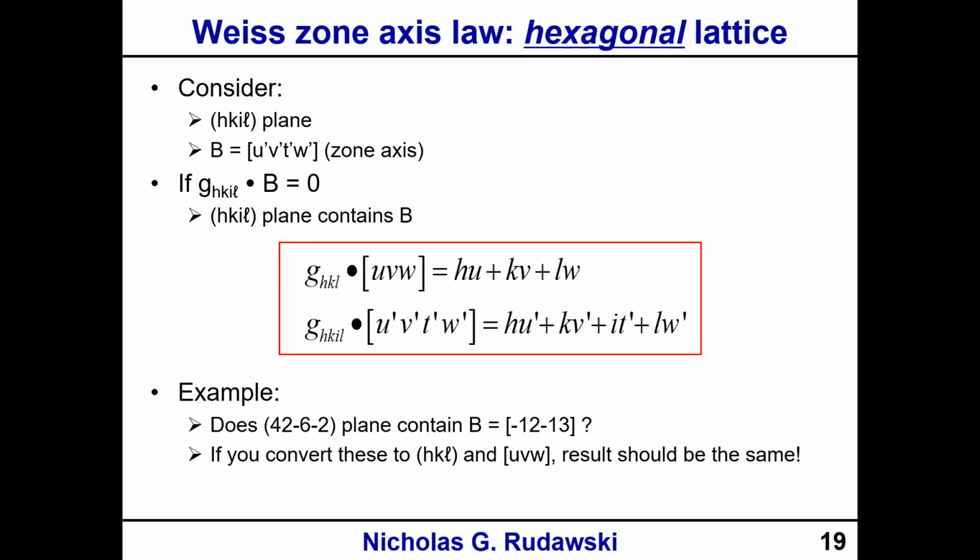If you convert 4 2 6bar 2bar back to 3-index, you would get 4 2 2bar. And if you convert 1bar 2 1bar 3, you would end up getting 0 1 1. That should be your answer. Then you can verify: 4 2 2bar dots to 0 with 0 1 1. So it's consistent both ways.